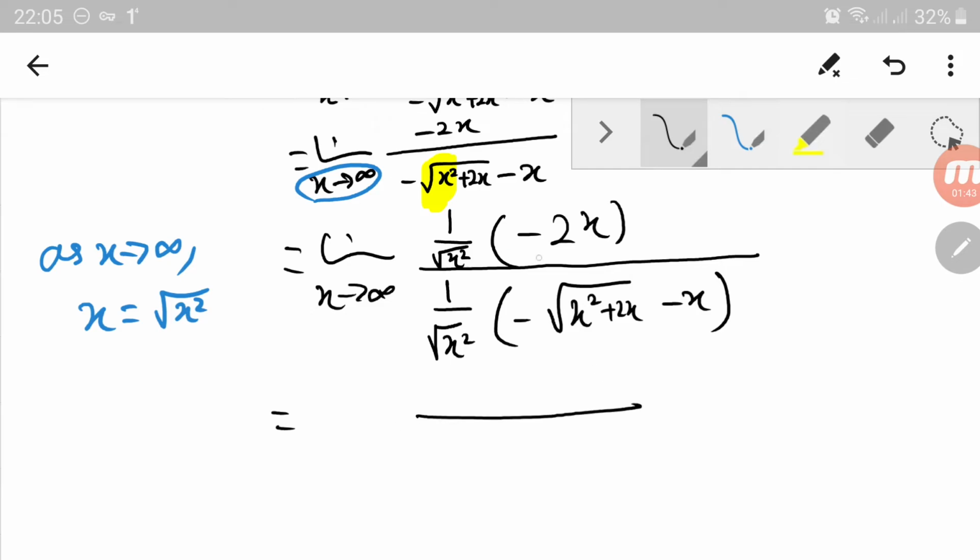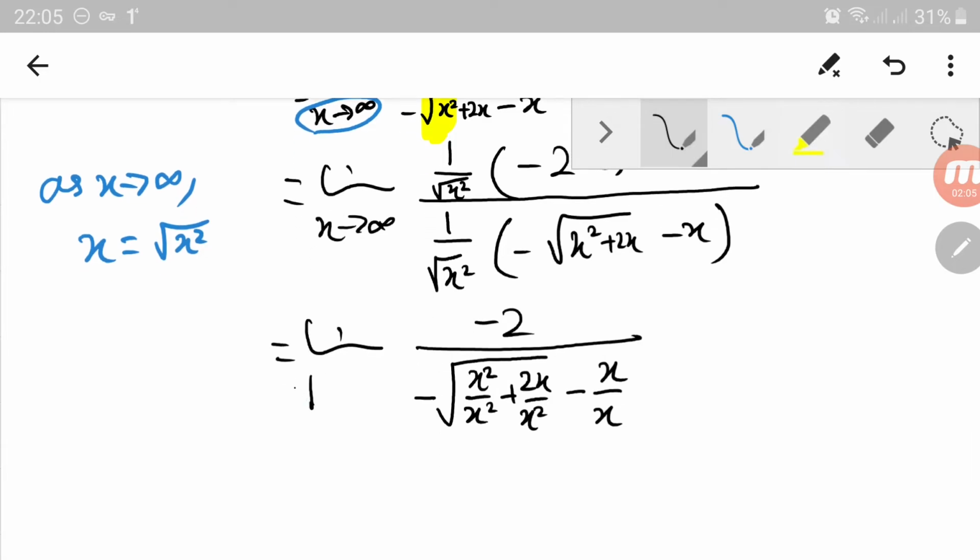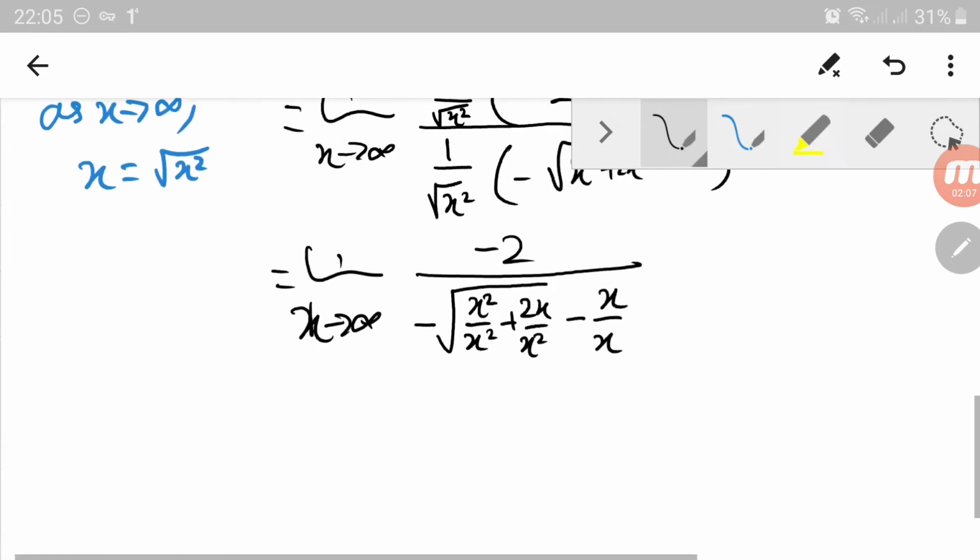So the numerator is minus 2, I guess, because the square root of x squared is just x, and then this one down there is minus the square root of x squared over x squared plus 2x over x squared, minus x over x, and then the limit x approaching infinity, don't forget.